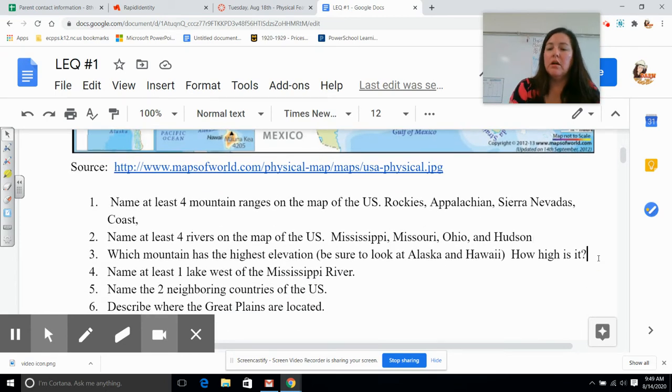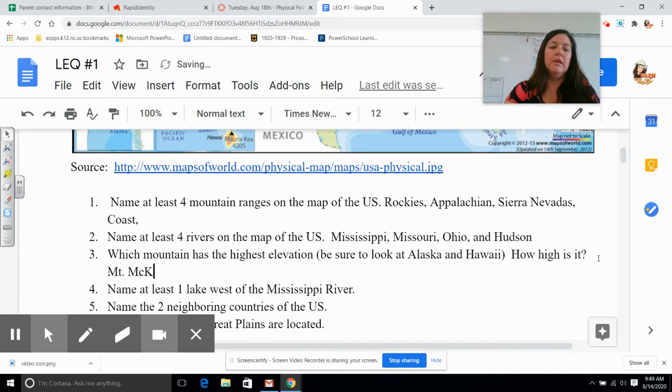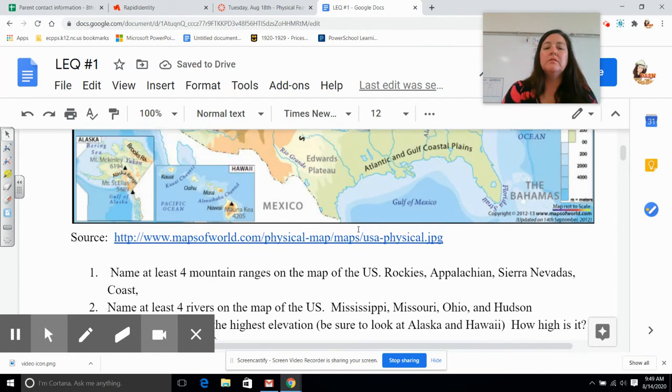So we're just going to write Mount McKinley, 6,194. And guys, make sure you put the feet beside it, because sometimes it could be meters, inches, kilometers, whatever. So make sure you put the actual measurement.